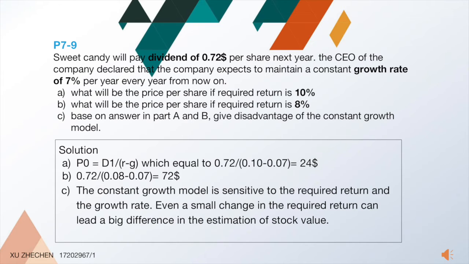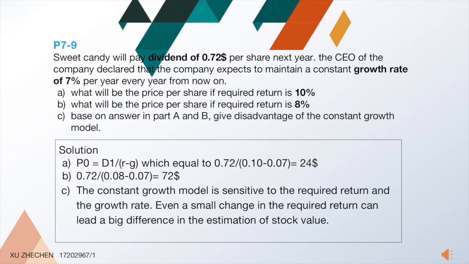For question A, we use the formula where P0 equals the current price of the common stock, D1 is the expected dividend, R is the required return, and G is the expected dividend growth rate. So the stock price is given by P0 equals D1 divided by R minus G. We plug the given information into the stock price equation and the result is $24.